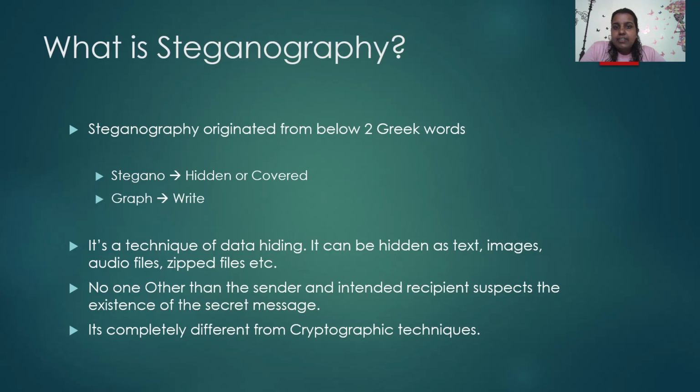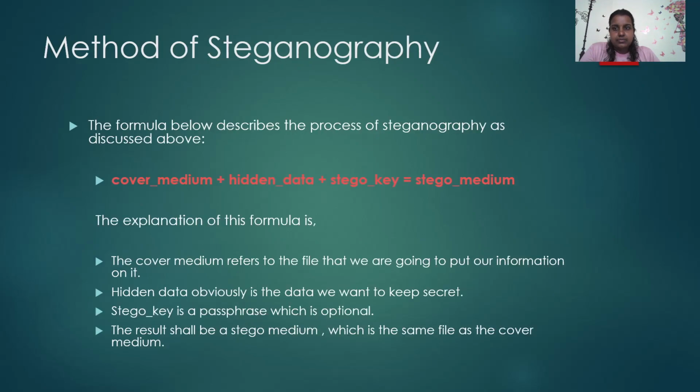It's completely different from cryptographic techniques. Even though this is also a hidden way of communicating secrets, it is completely different from cryptography, where encryption and decryption techniques are used.